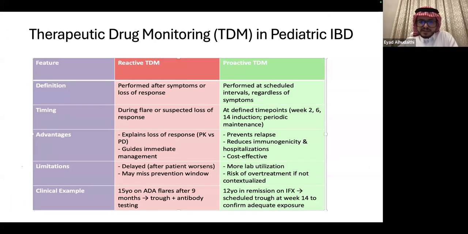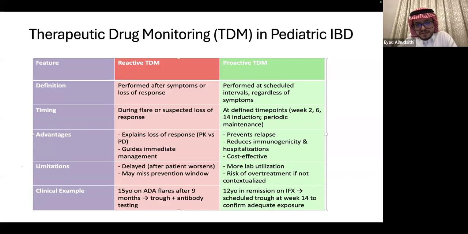Timing is during a flare or suspected loss of response, while the proactive is at defined time points like 2, 6, 14, etc. The advantage of reactive is that it can explain loss of response, PK versus PD, and guide immediate management, while proactive, which is what we advocate for now, prevents relapse, reduces immunogenicity and hospitalization, and is cost effective.